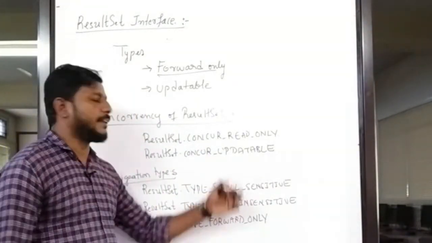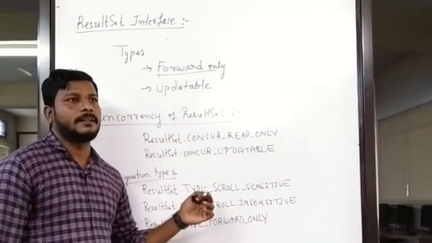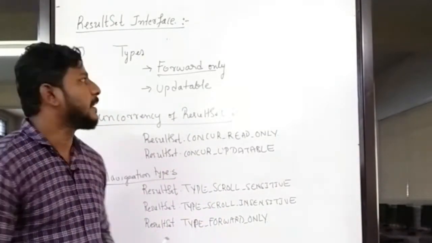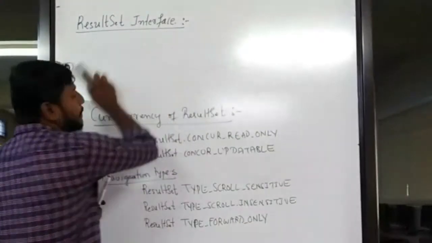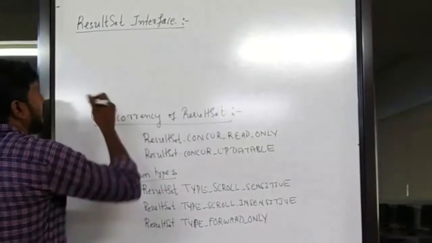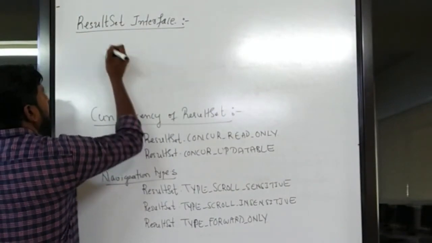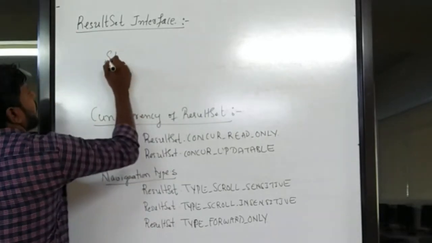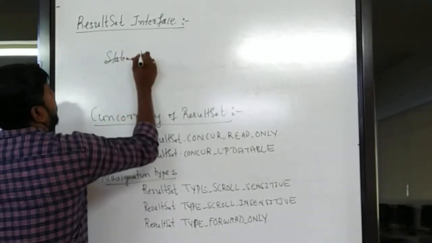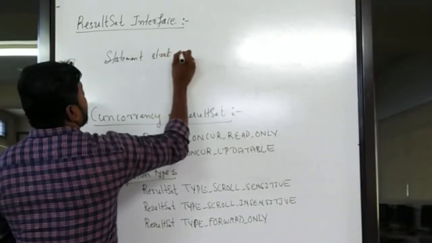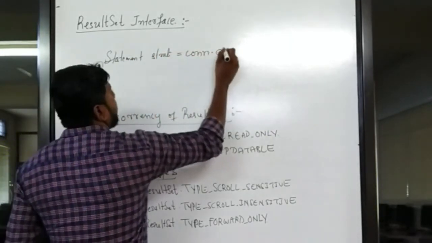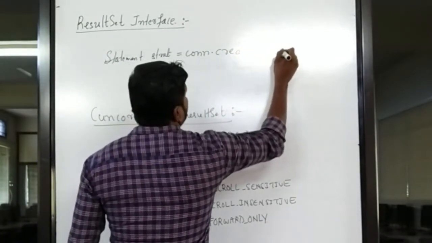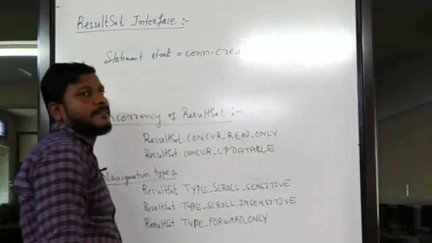Okay, where should you define this? These keywords you should define in the createStatement method of the Connection interface. If I am using a simple statement, you can define it like this: Statement stmt = connection.createStatement, and here you should specify these values.